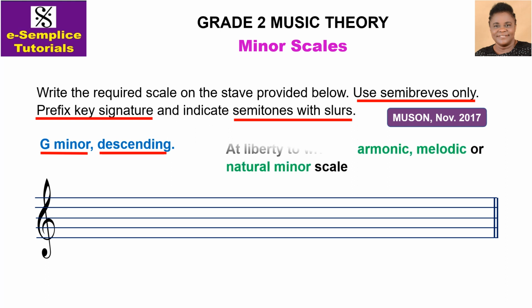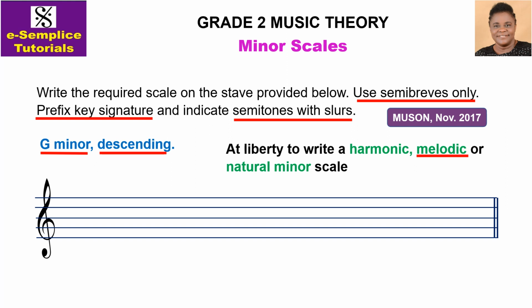So you are at liberty to write a harmonic G minor scale descending or a melodic G minor scale descending or a natural minor scale descending. But for this question, I choose to write the melodic form of the scale. Now let's go back to our question.